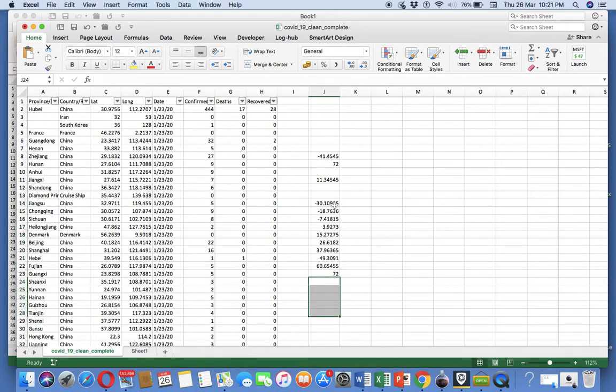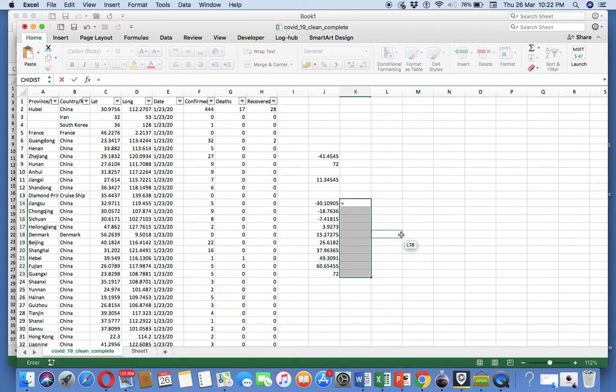Now I want to find out how many deaths are there in this latitude. So equal to, so I'll try to find out in this latitude how many deaths are there. Okay.